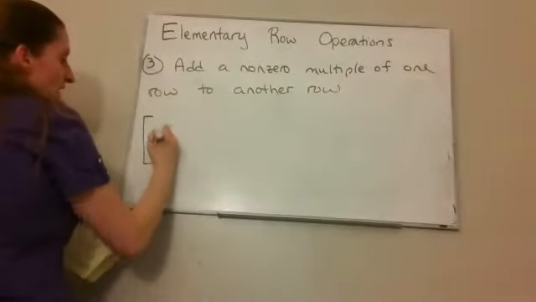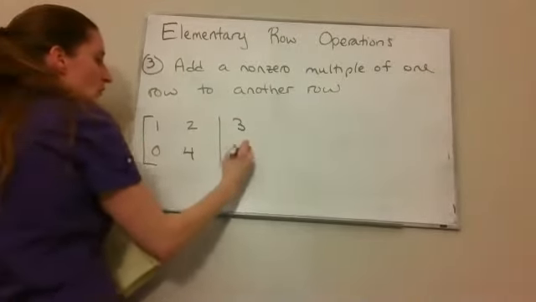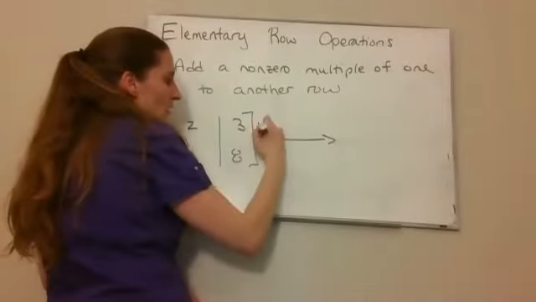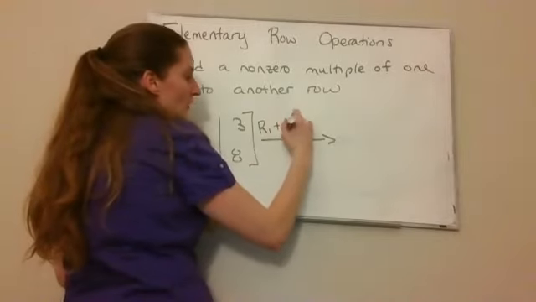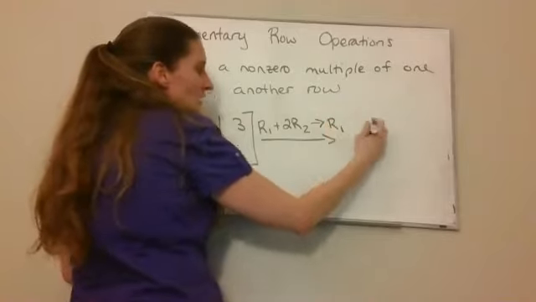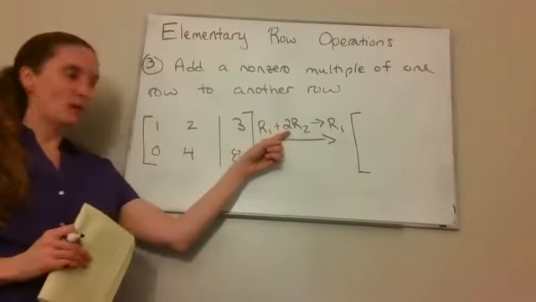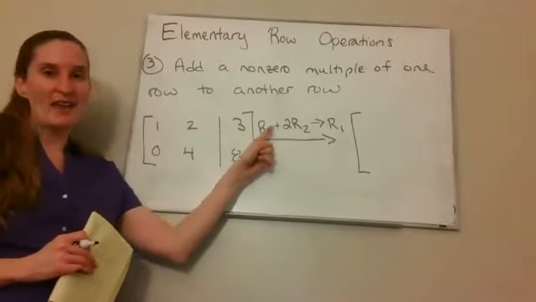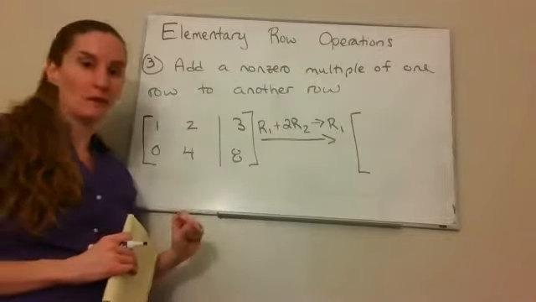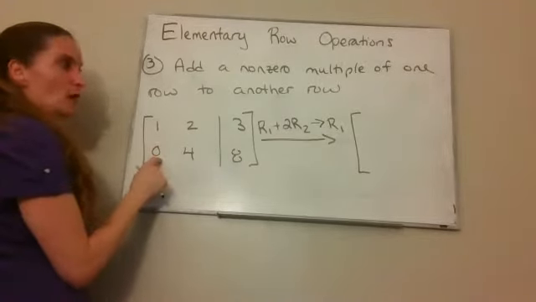So for example, if I take that same original matrix, 1, 2, 3, 0, 4, 8, and I'm going to apply this operation to it, row 1 plus 2 row 2, and store that information in row 1. This says I'm going to multiply row 2 by 2 and add that to row 1. And then I'm going to write that information down in the row 1 spot. So 2 times this 0 is 0.